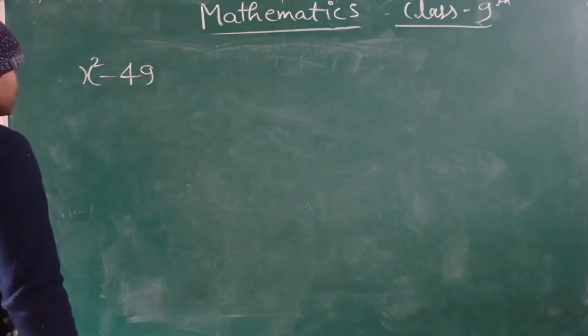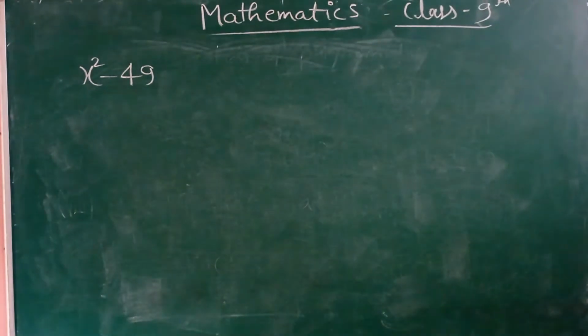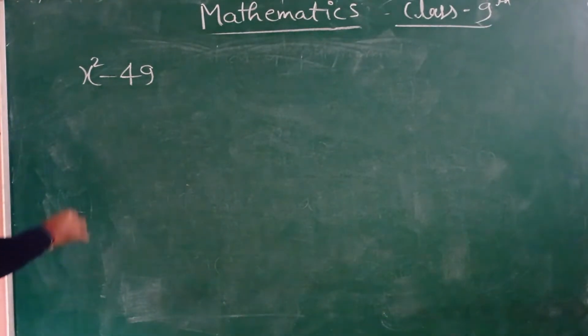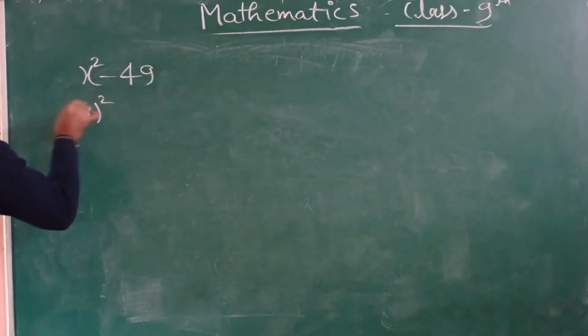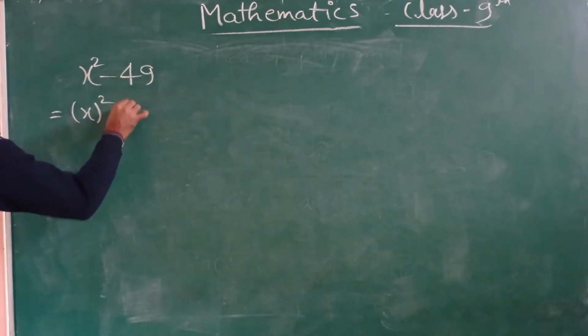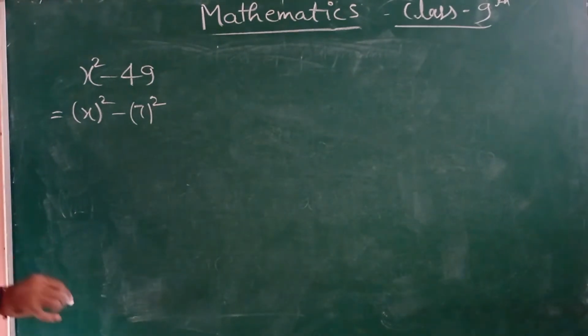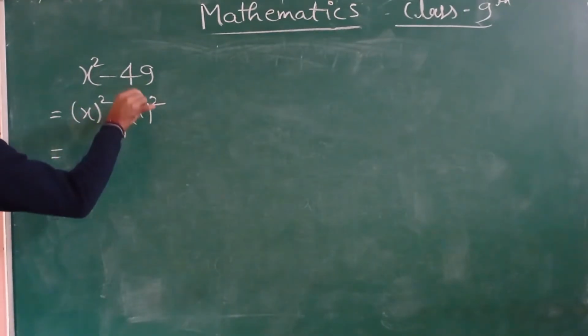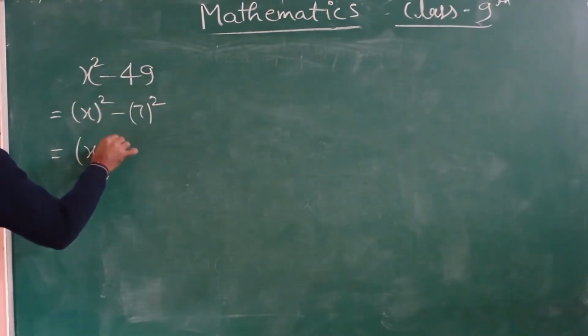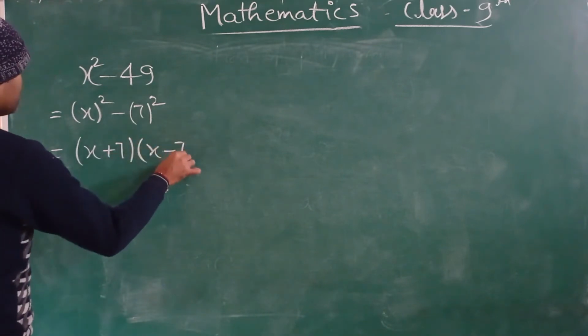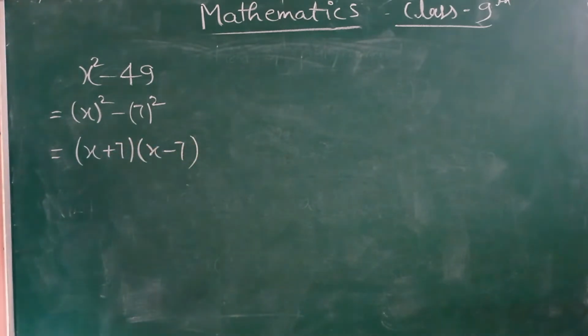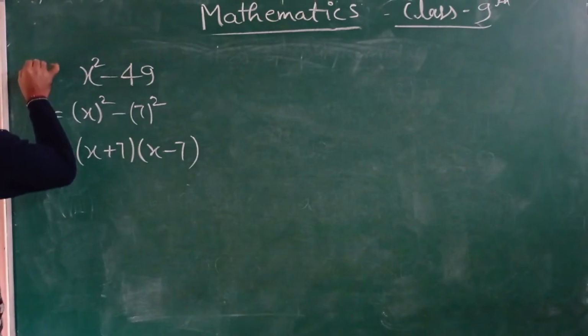So x is x square and 49 is 7 square. This is the difference of two squares, and a square minus b square is written as a plus b into a minus b. So x plus 7 into x minus 7.